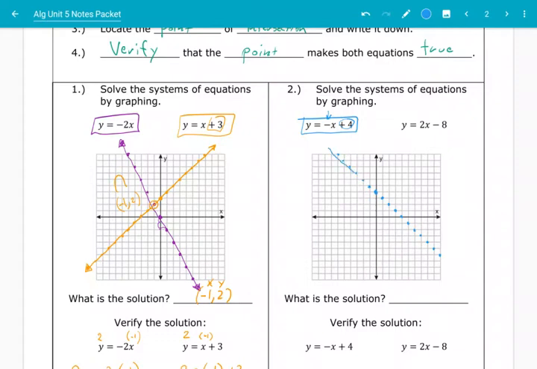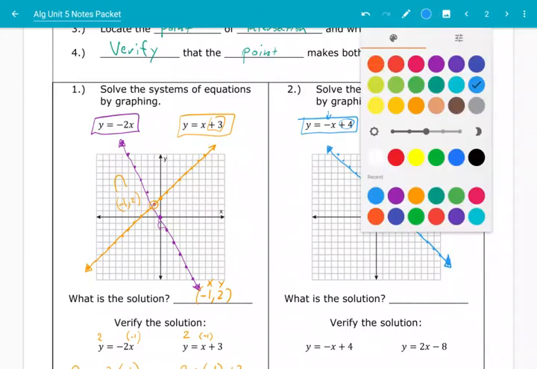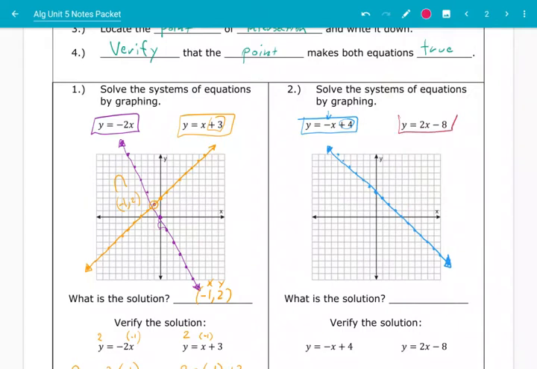Okay, blue line. Shaky here. A blue line. Let's use, I thought I had pink. That's close. Let's do this. All right, we're going to begin with b, minus 8. 1, 2, 3, 4, 5, 6, 7, 8.